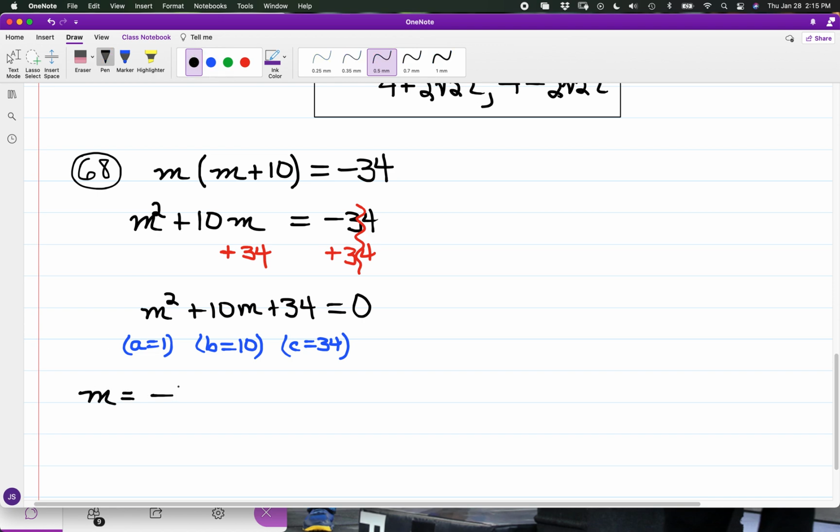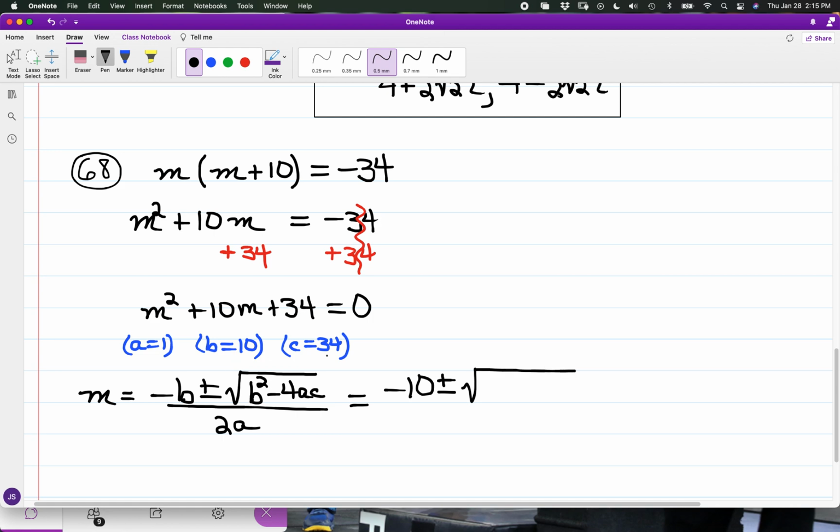And taking what we have with m, once again setting equal to negative b plus or minus the square root of b squared minus 4ac all over 2a. So for negative b, we have minus 10, plus or minus the square root.